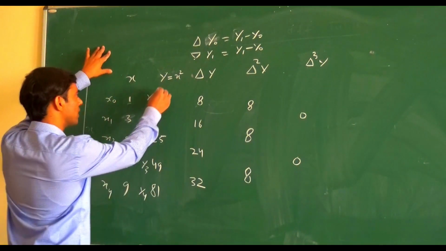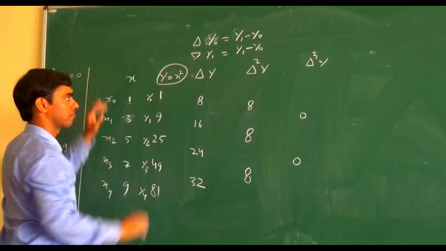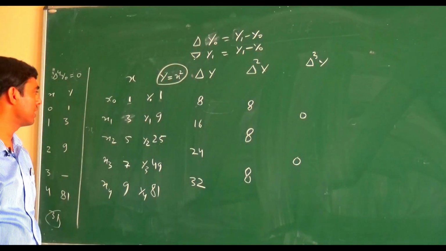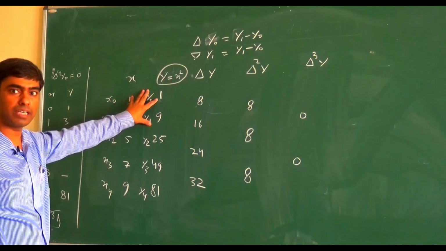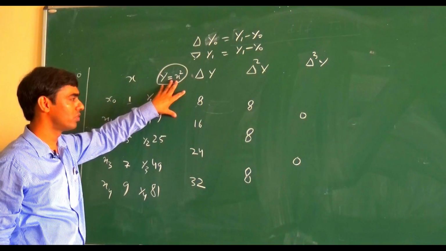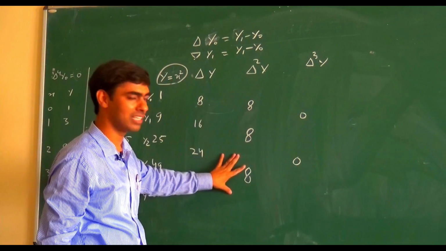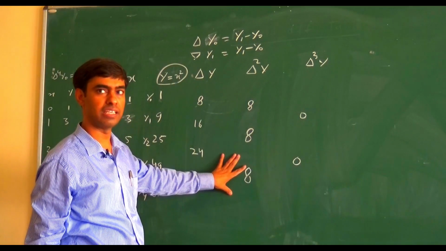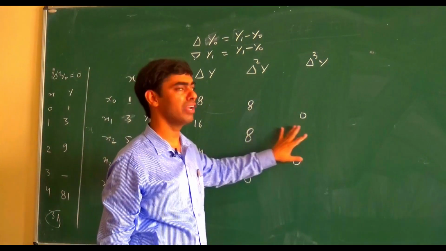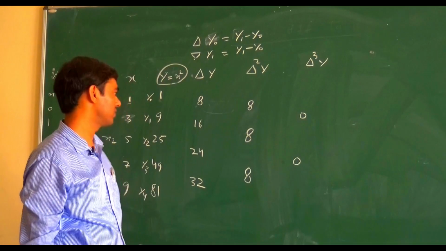Now, here is one very important property of this difference table. This one is a polynomial of degree 2. If the data satisfy a polynomial of degree 2, then the second difference becomes constant, and third onwards, all other differences become 0.